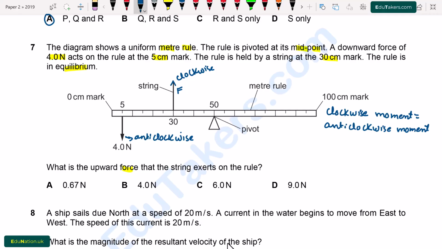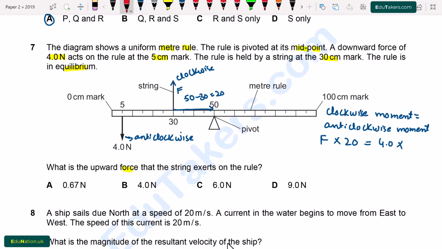So first of all, I write here the clockwise moment will be force, which we have to calculate, F, multiplied by distance. So the distance from the pivot point is this. It is 50 minus 30, which is 20. So here will be 20. It will be equal to anti-clockwise moment. So anti-clockwise moment will be equal to 4.0 multiplied by the perpendicular distance.